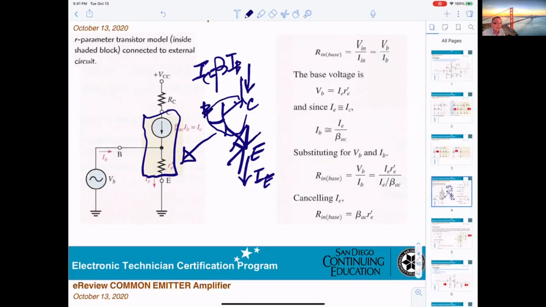You understand R prime E is the internal resistance, that means the resistance inside the transistor. Yes, if you want to deal with the AC analysis, instead you must draw the transistor this way.